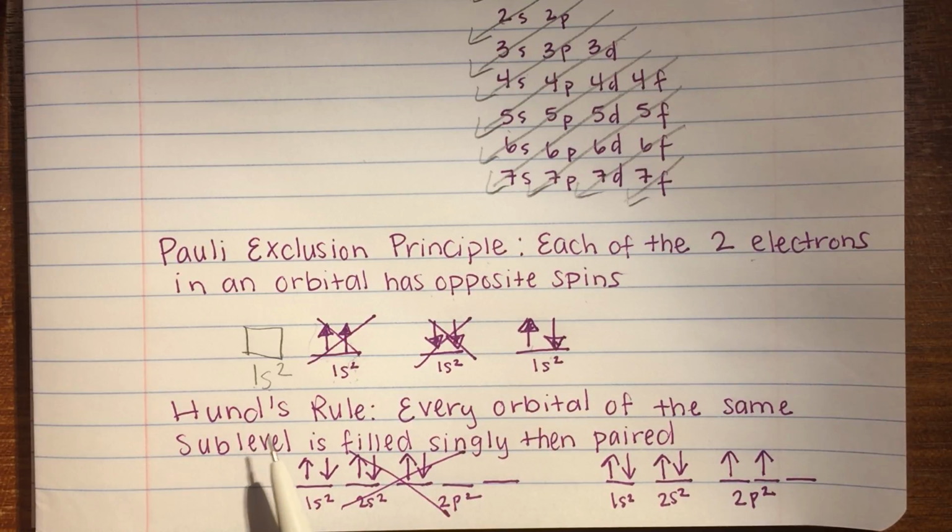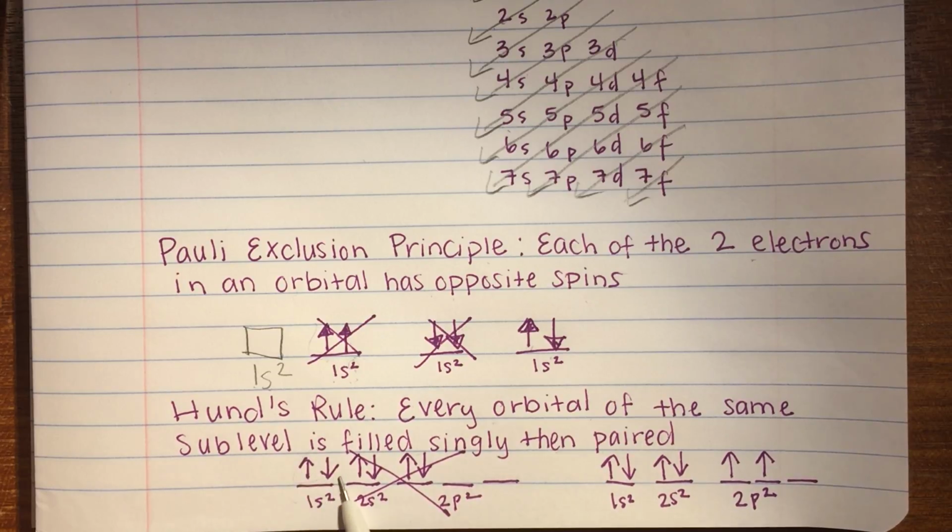The last rule is Hund's rule, and Hund's rule says every orbital of the same sublevel is filled singly, then paired. So if you remember me talking about how S's only have one bed, they only have one orbital. So electrons can only go into that spot.